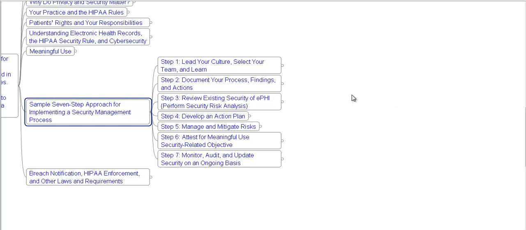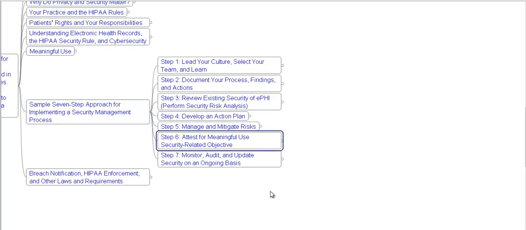Review existing security of ePHI, perform security risk analysis, develop an action plan, manage and mitigate risk. Step 6. Attest for meaningful use security related objective. And step 7, monitor, audit and update security on an ongoing basis. Let's explore first, lead your culture and select your team and learn.